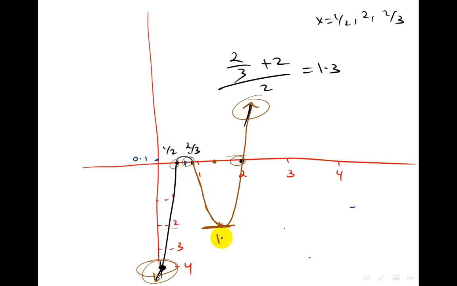If you want to write it, it's 1.3 and -2.1, and here it's 0.58 and 0.1. These are our local minimum and maximum points, and that's the way to draw this type of functions.